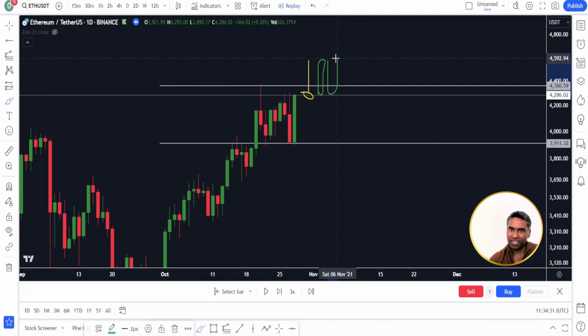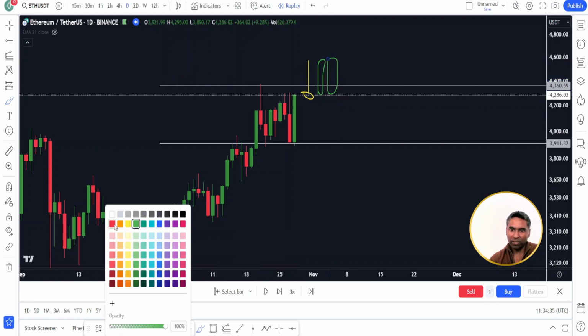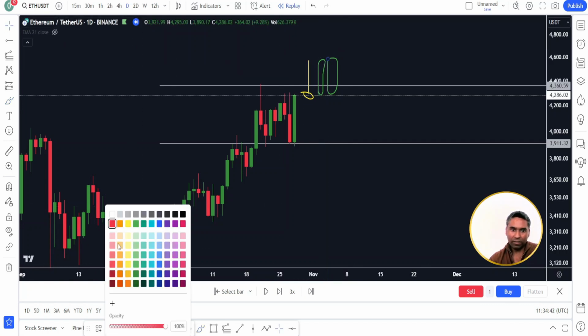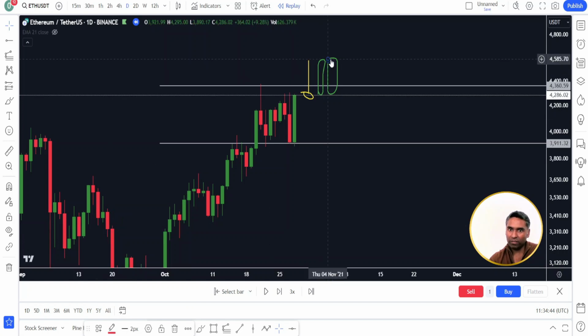So one is a green candle and the other one is a red candle. If we have this type of pattern, this is a bearish engulfing candle pattern, and this is a two candlestick pattern.